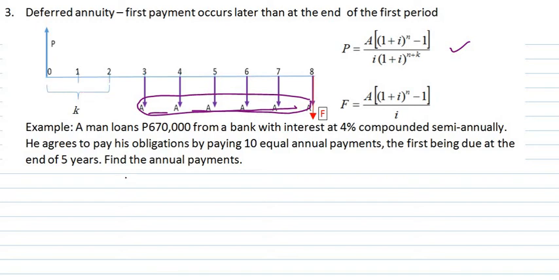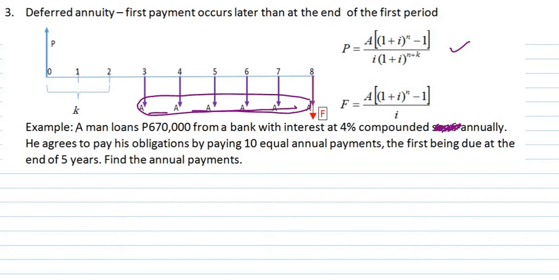So, we have here our example. A man loans 670,000 from a bank with interest at 4% compounded annually. By the way, we will make use of annually; later on, we will make use of semi-annually.